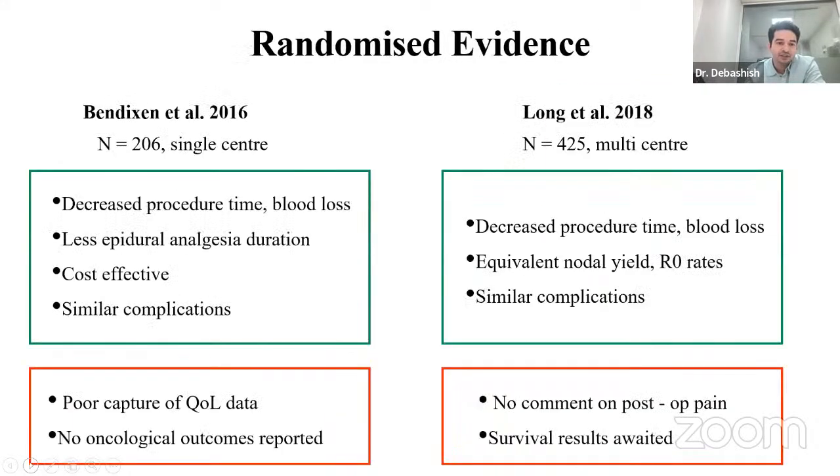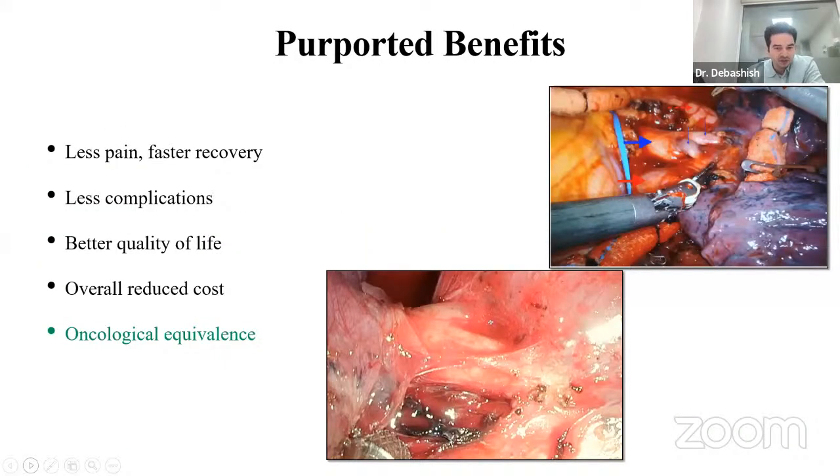There is lesser pain, faster recovery, less blood loss, and there is a lot of evidence that both approaches are totally the same oncologically. If we talk about the R0 resection rate, both are the same. The lymph node yield is totally the same. And the clearance is also the same in both approaches.